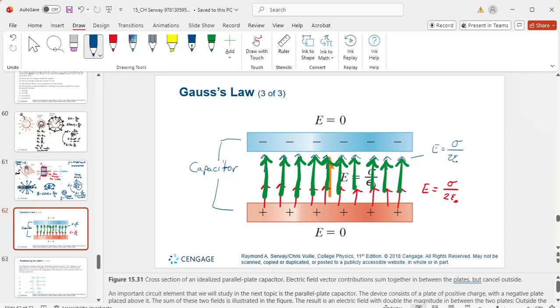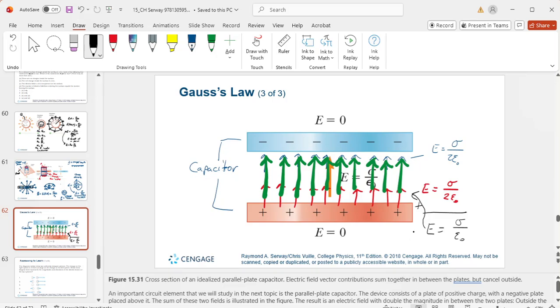So these are identical plates just with equal and opposite amounts of charge. Then each field individually is contributing sigma over 2 epsilon naught. And so the total field, because these fields merge, is given by E equals sigma over epsilon naught.